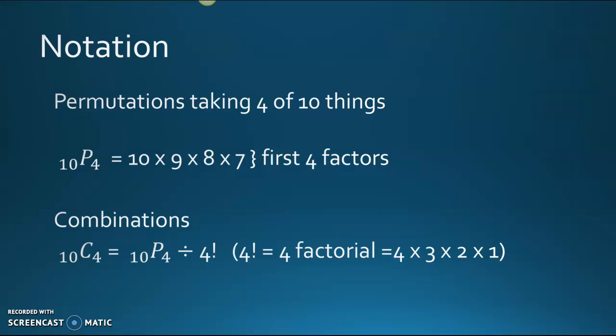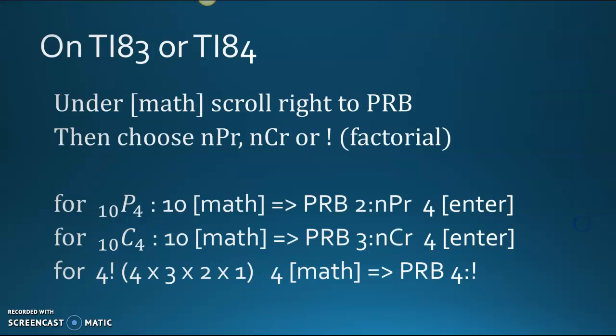That 4 with an exclamation point means 4 factorial, not 4 as in golf. It's 4 times 3 times 2 times 1. If it were n factorial, it would be n times n minus 1 times n minus 2, all the way down to 1. Okay? So 5 factorial would be 5 times 4 times 3 times 2 times 1, which is 5 times 4 factorial. Okay, so that's the notation.